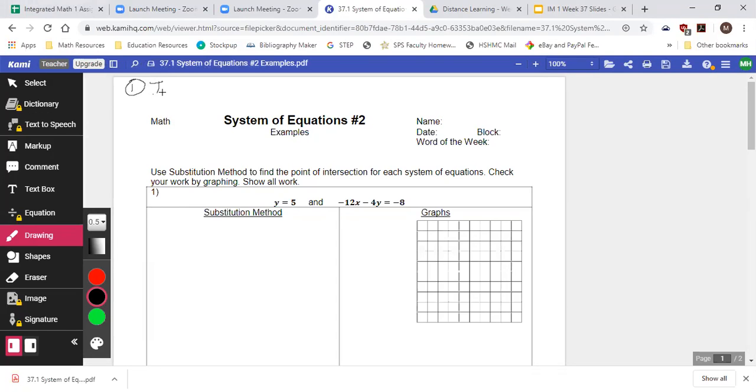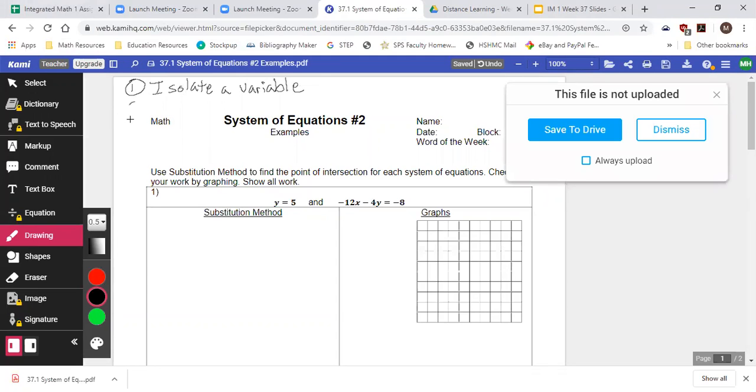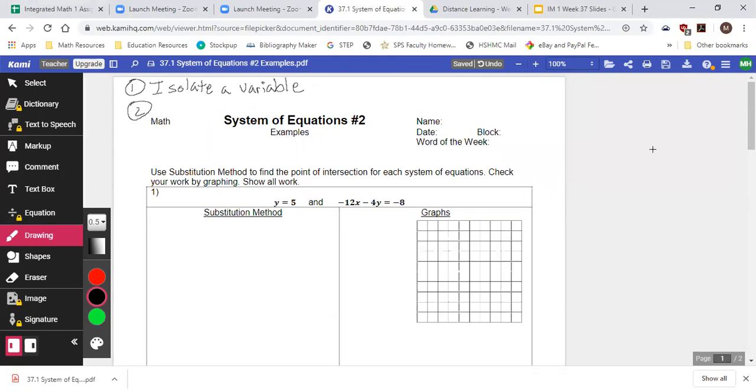you want to isolate a variable. And you'll see me apply all these steps in a bit. Step 2 is to make sure we substitute the isolated variable into the other equation.